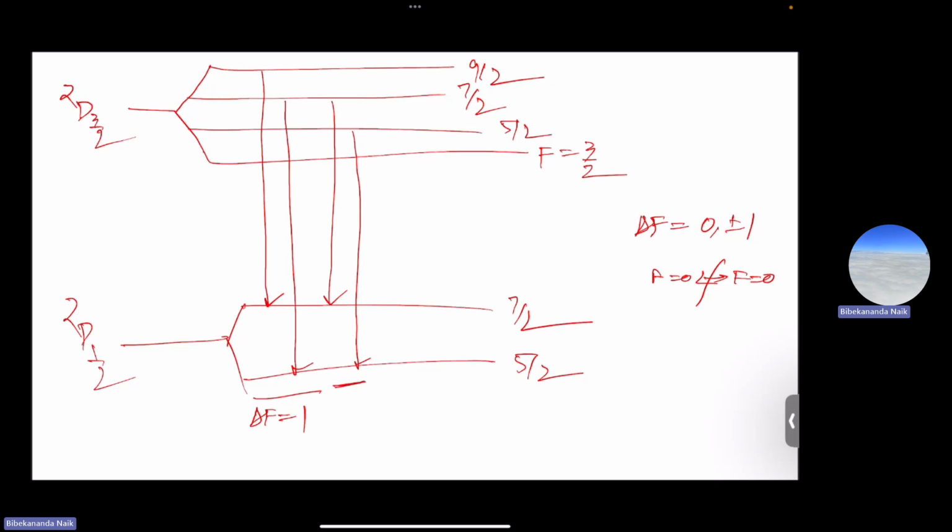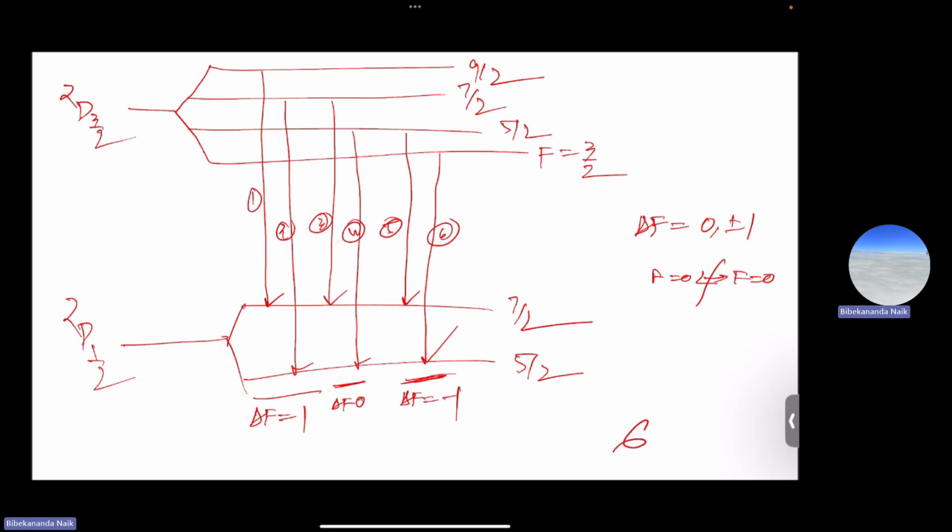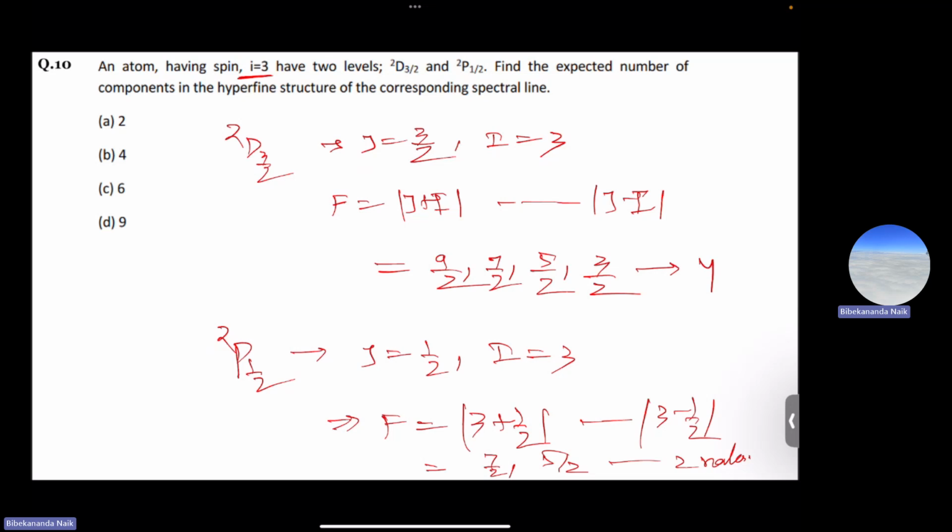For these two, delta F is 0. And for minus 1, it will be 5/2 to 7/2 and 3/2 to 5/2. So here delta F is minus 1. So similarly to the previous question, 1, 2, 3, 4, 5, 6. So there are 6 transitions that are allowed. So the correct option is option C, that is 6.